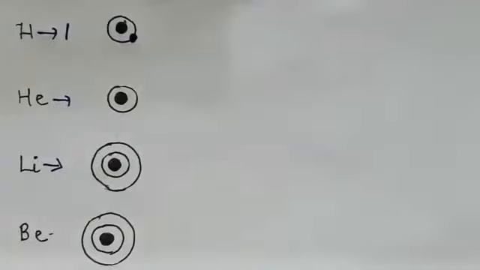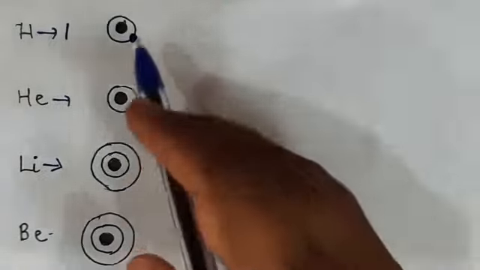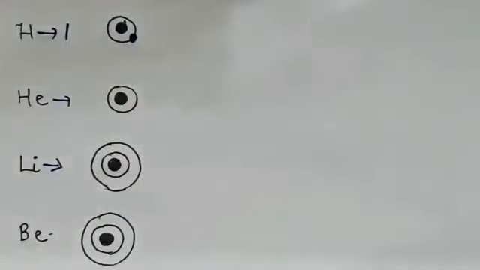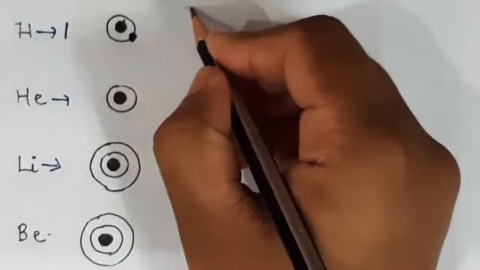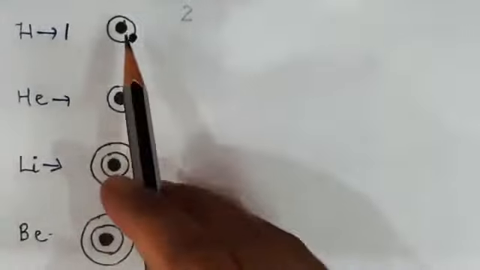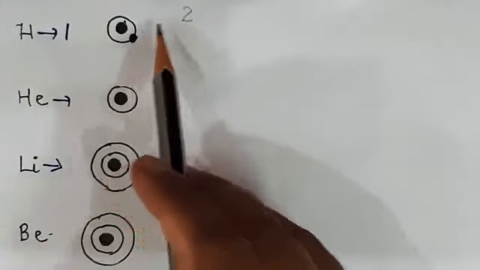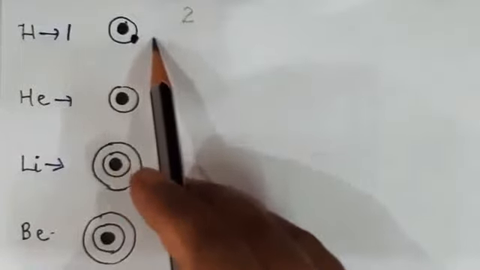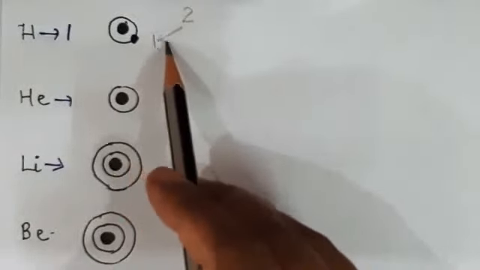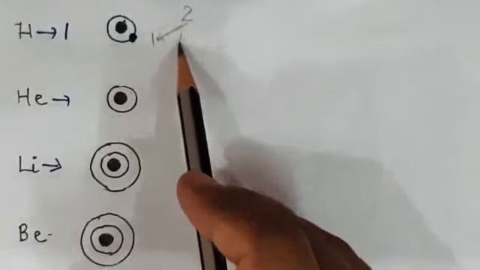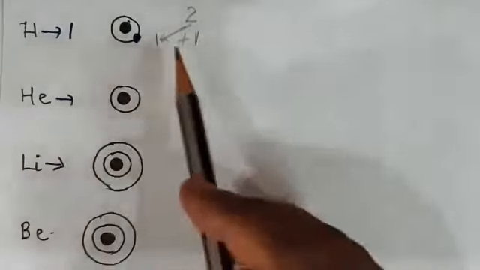Now calculate the valency. In the first shell, how many electrons can be held? It can hold 2 electrons. But we have only 1 electron. So we need to make this 2. So what can be done? It will gain 1 electron.